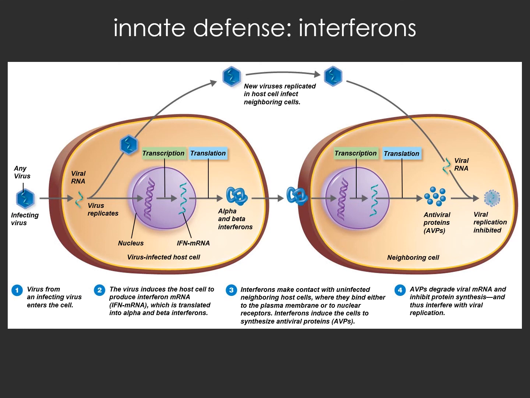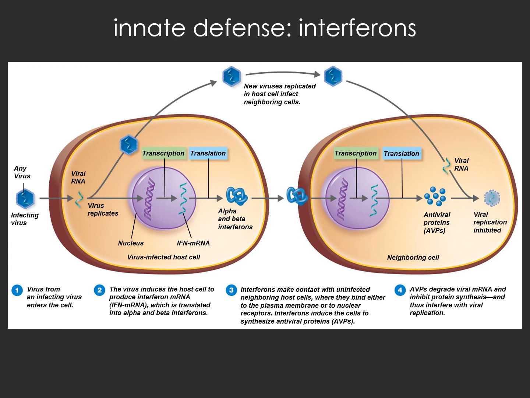Because what was the whole point of the virus infecting the first cell? Attachment, penetration, biosynthesis, maturation, and release of the viral progeny, which will then go to this neighboring cell, but this cell knows they're coming, and so they blow up the virus when it gets into the cell.